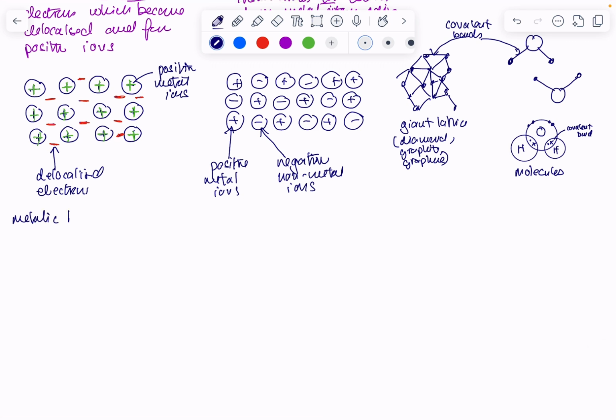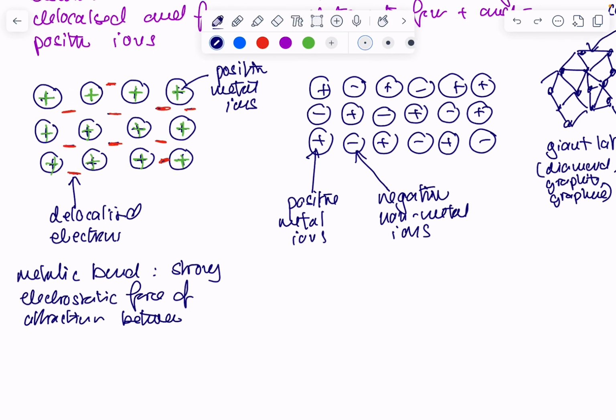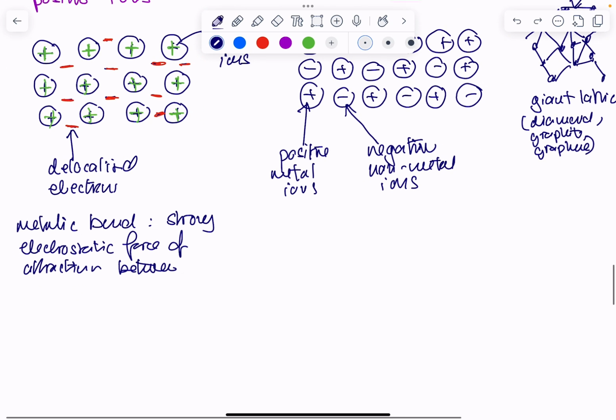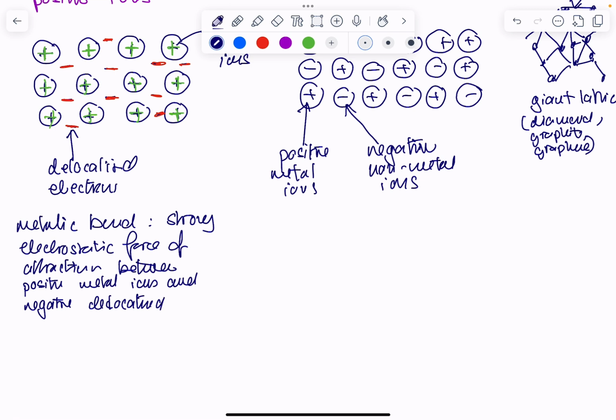So the metallic bond is the strong electrostatic force of attraction between, think what I'm going to write now, positive metal ions and negative delocalized electrons.